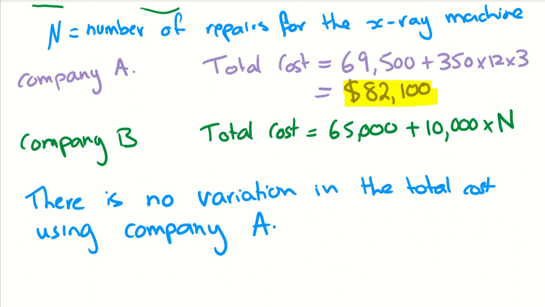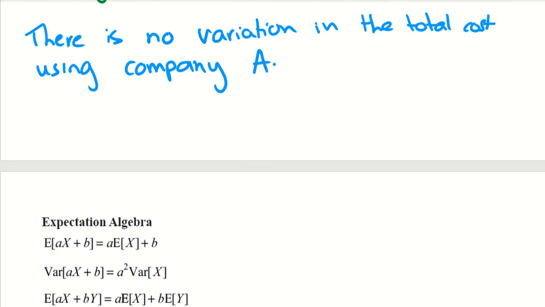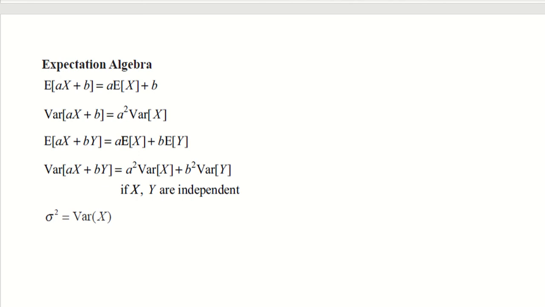Then we want to think about company B. We've got an equation for that cost. Is there a variance in it? Yes, there is, because we've got the variable N in there. So there is going to be some variation. If we think about our expectation algebra formulas, this is the one from the sheet: we are talking about an aX plus b situation, a linear combination. And here is our variance formula, a squared times the variance of x.